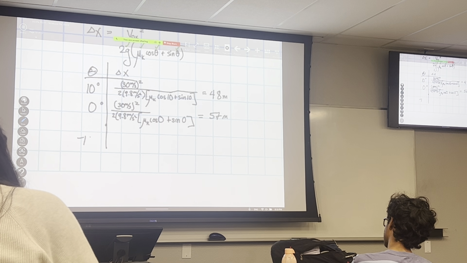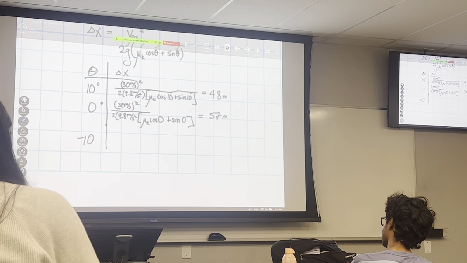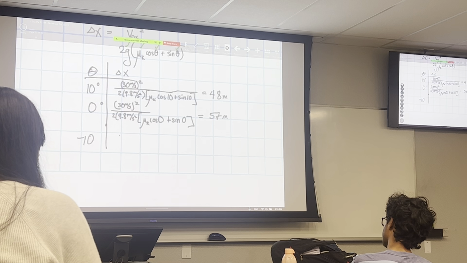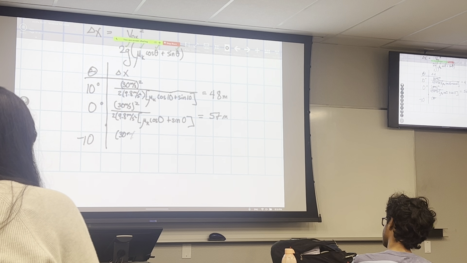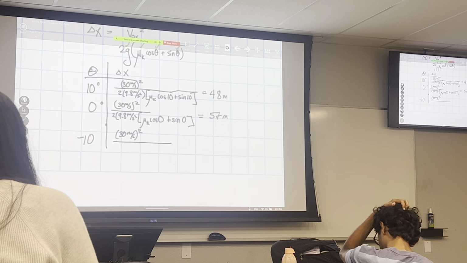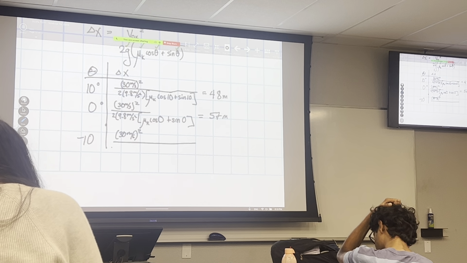And of course, you have it going downhill also. That's the last scenario. And here you would put in negative 10. So it would be cosine of negative 10 degrees. If you do this, you would have gotten a value of, let's say, 75 meters.